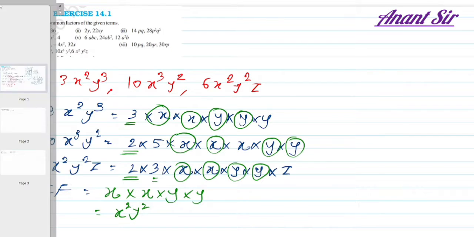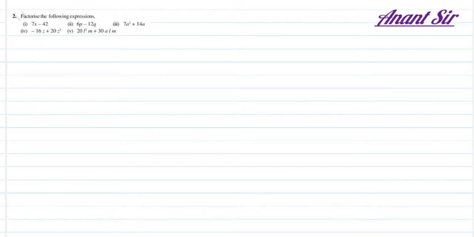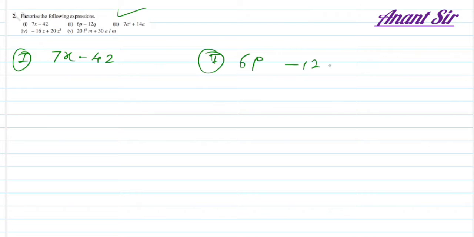So let's move on to solve question 2. Factorize the following expressions. If we have understood the first question correctly, then we should be able to solve this one very easily. I will do the second question first and then we will go to solve the first. 6p minus 12.